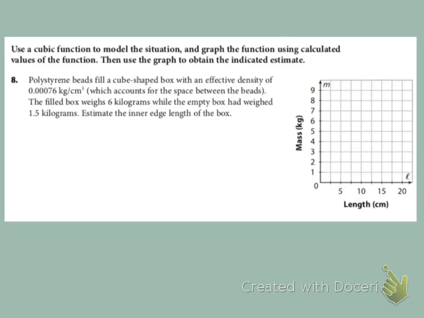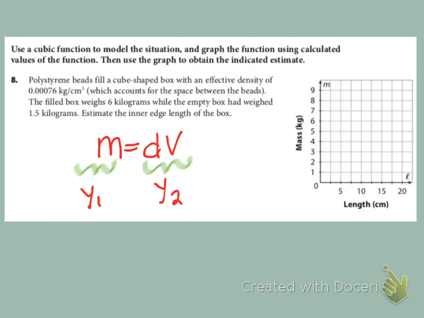So we're going to leave this one to do in class as just another one to wrap up. But if you do want to try it, remember mass is equal to the density times the volume. So once you get this written, you can just separately graph in y sub 1 your horizontal line, whichever the mass is, and then in y sub 2 your density times your volume, and use just x for your unknown, right?